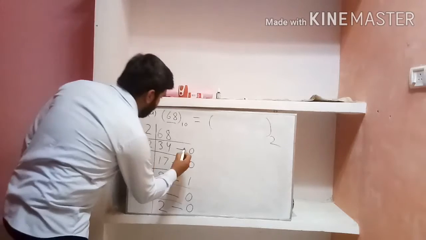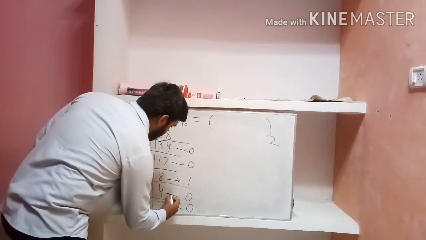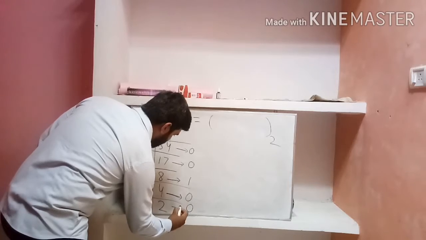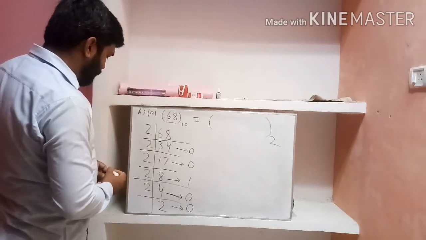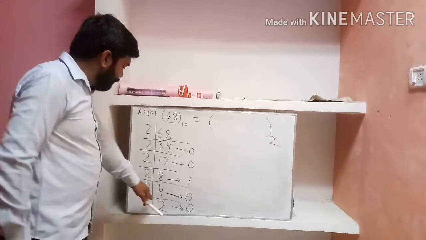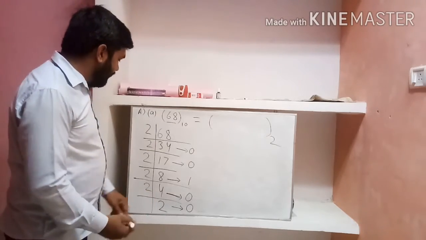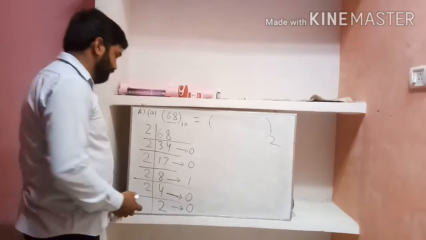So we have to write the remainders here. All these are remainders. Now again 1 2 is there, but I do not have a place, so this 2 we also have to divide. When I divide this 2, we will again get the remainder 0 and the quotient 1.